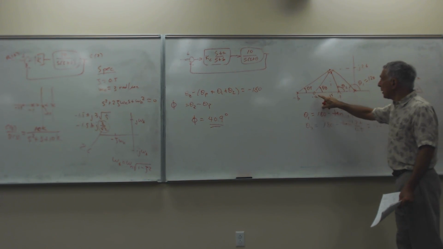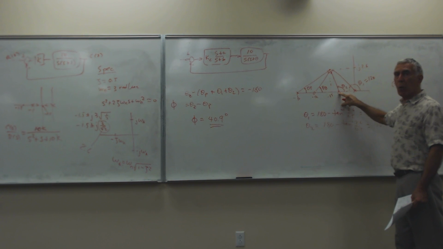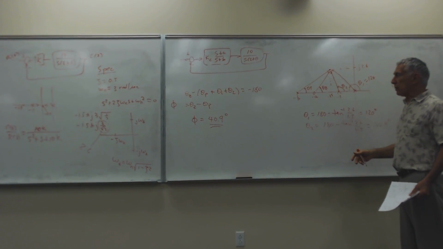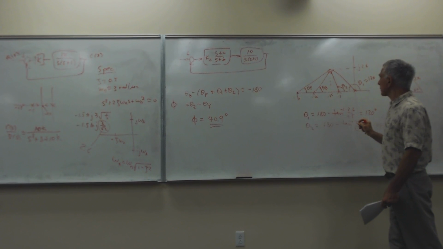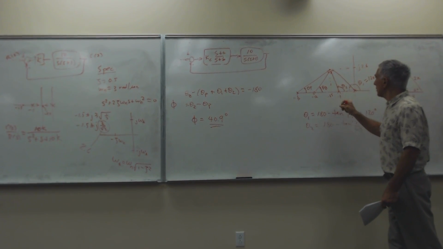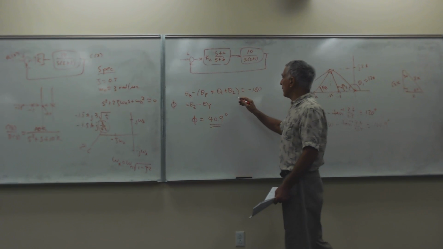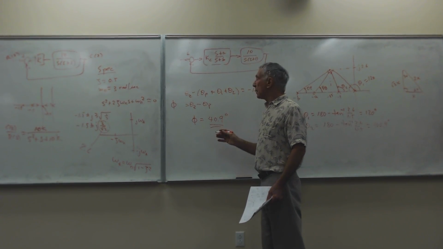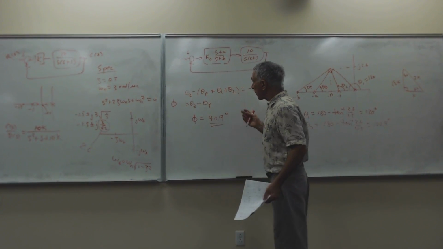If A is equal to 1, basically this zero moves on top of that pole, and therefore they cancel each other out. This theta 2 will be equal to theta z, and so theta 2 and theta z cancel out.